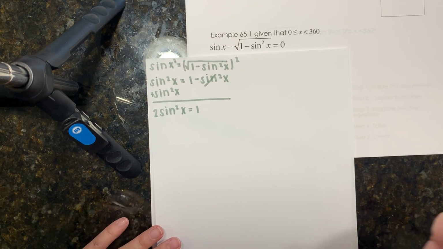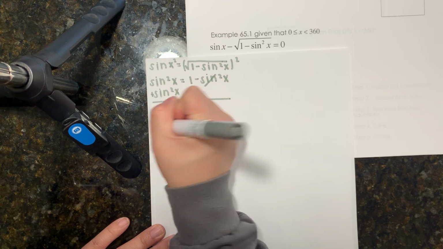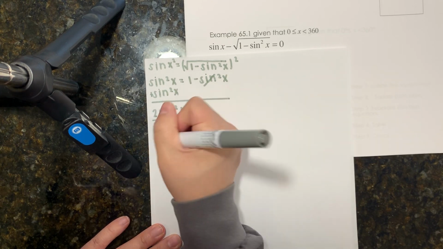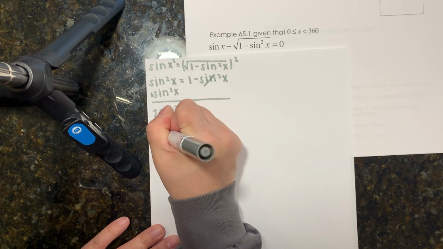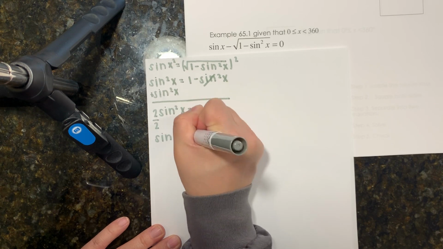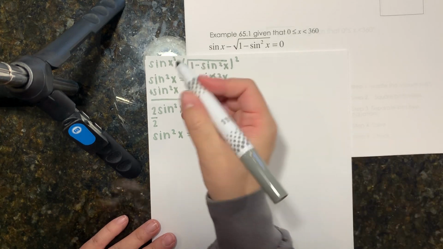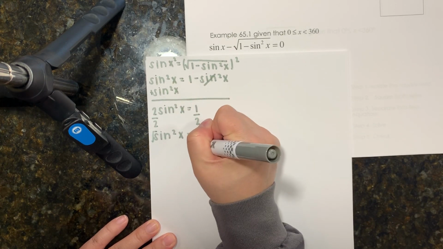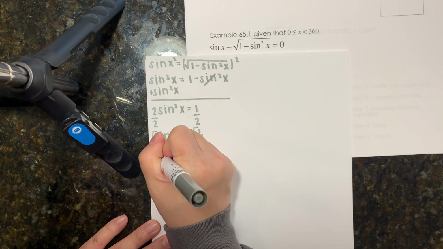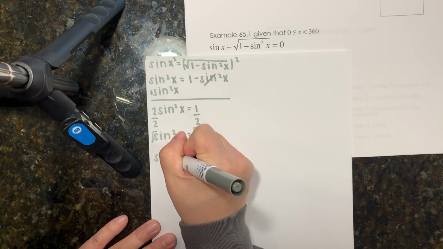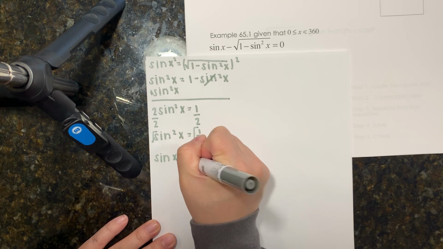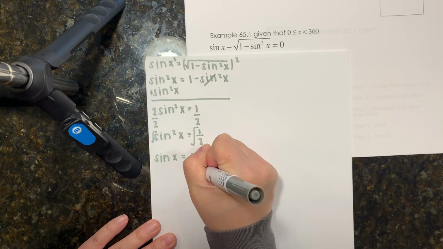Now, I'm trying to solve for sine, so I'm going to divide both sides by 2. So I get sine squared x is equal to 1/2. Then I'm going to take the square root of both sides. And don't forget that when you take the square root, you're going to get plus or minus 1 over the square root of 2.